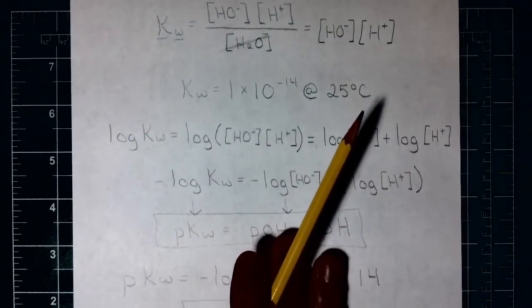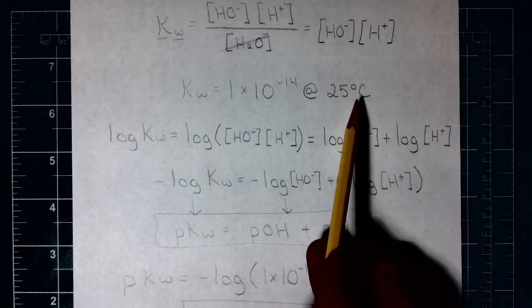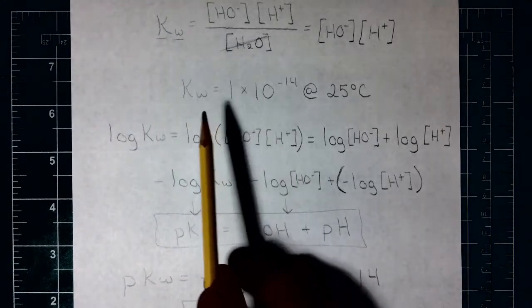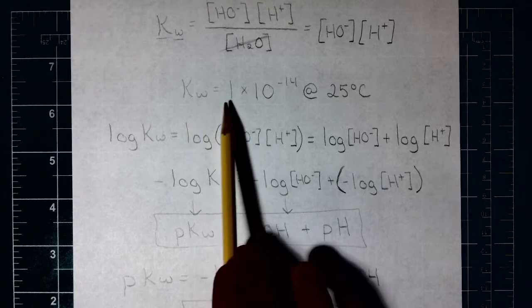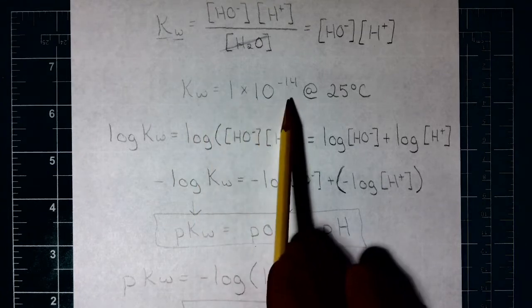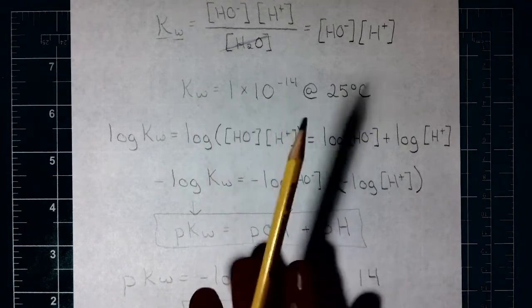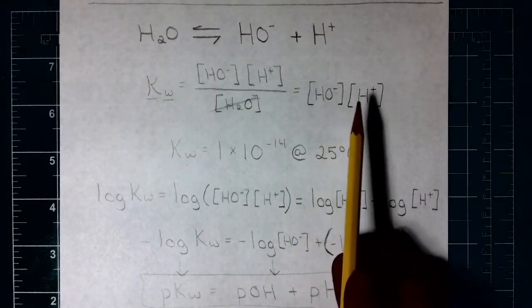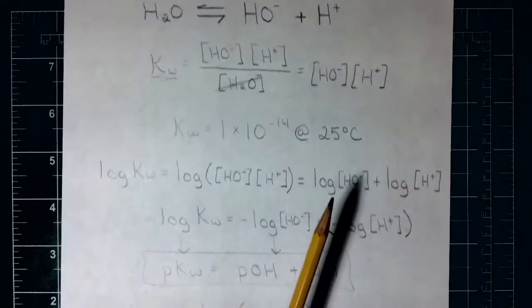And when we are at 25 degrees Celsius, because we know that equilibrium constants are sensitive to temperature, we know what this value is. It is 1 times 10 to the negative 14th, a really small number, indicating that there really aren't very many of these at all that are being converted over from the water.